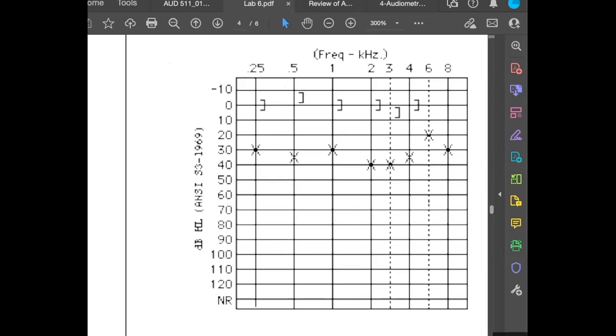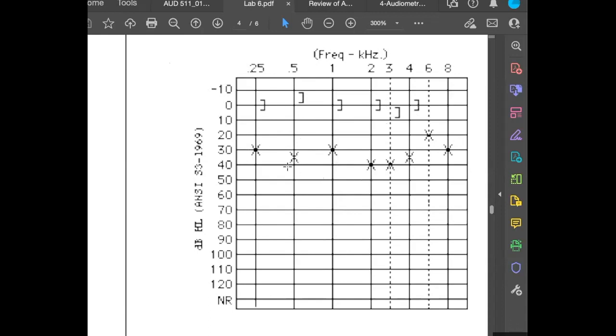We've got a left ear, X is air conduction responses, and then we've got left ear bone conduction responses. These are masked bone conduction responses because they are brackets, not carets. And they're bone conduction because they're opening to the left. So the bone conduction responses are better than the air conduction responses.